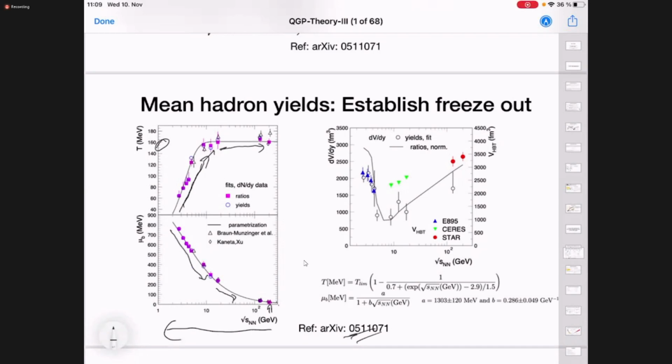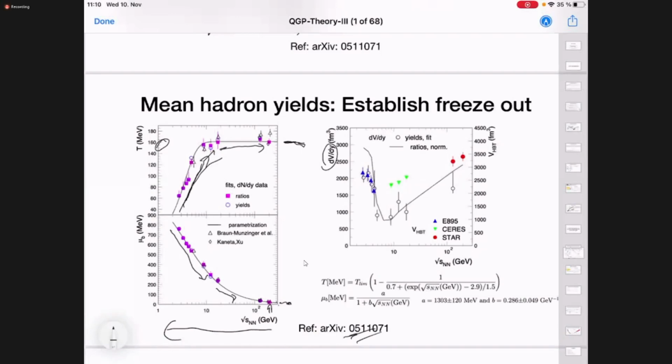Now in a more recent plot, you would also get LHC, and LHC is within error bar zero mu_B. However, the temperature is still about 155, even a little lower, depending on the exact model details. And this is a volume parameter. The volume also shows a very interesting trend.